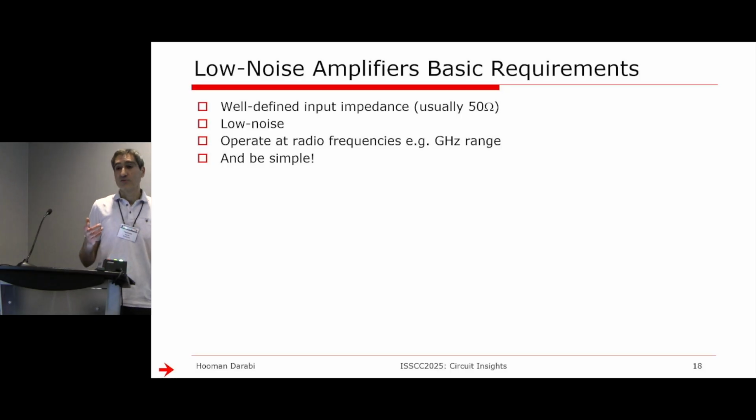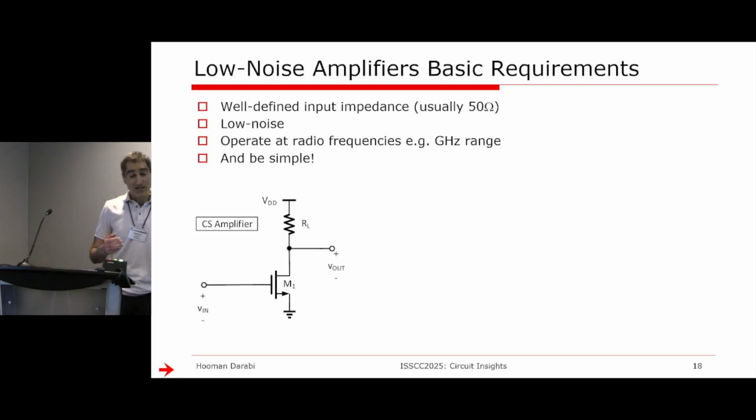So if I ask you, what is the simplest amplifier that you have ever seen, maybe that would be a good starting point to satisfy the last requirement. What is the simplest amplifier that you can name? Common source, common emitter. The answer would be the one that you were taught first, probably. That's how it is. It's very simple. One transistor, one load, just an input, the gate, the output, the drain, and a common, which is the source.